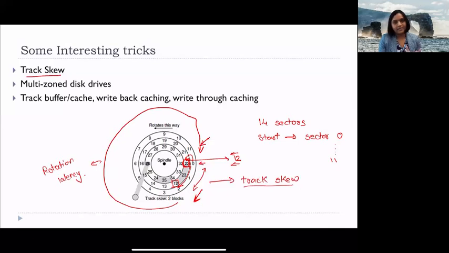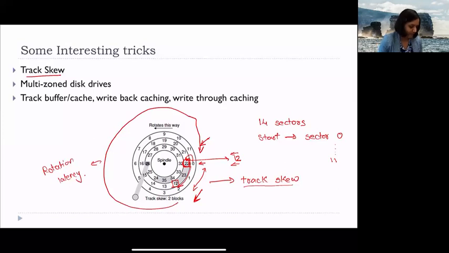On average, they studied how much a disk would rotate after they cut off the power, and how much time it would take for the head to relocate from one track to another track. Depending on that, in order to have the least possible rotational latency, we had this track skew embedded within the design of the hard disk itself.